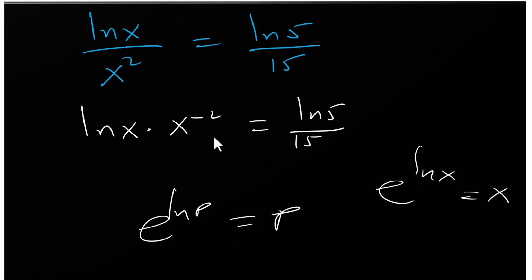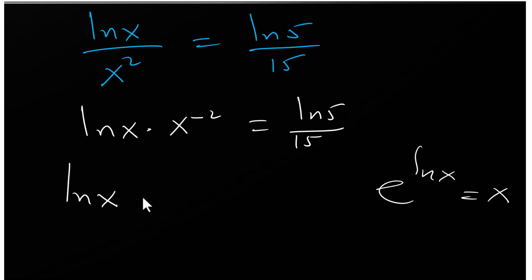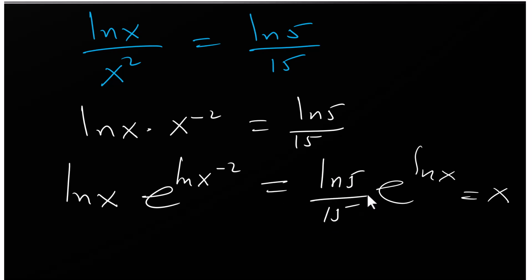So e raised ln of this, the answer still remains as it is. So I have done nothing. So I have ln of x e raised to ln of x to the power minus 2. So when we go back, the answer will be x raised to minus 2 of 5 on 15.